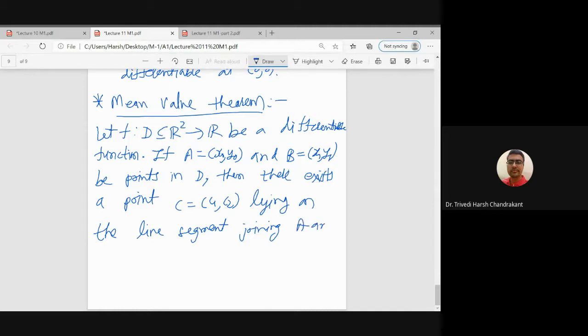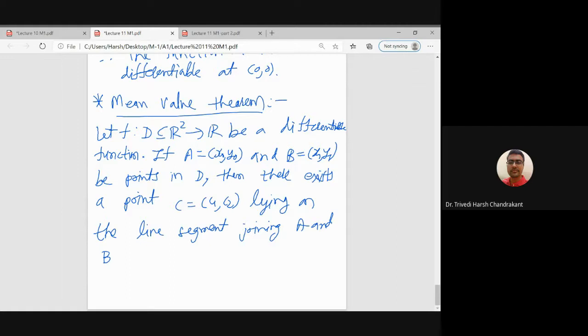In the mean value theorem for the single variable case, we know that there is a point C in the interval A to B. But in the xy plane, we don't have an interval. So what we consider is we choose 2 points A and B in the xy plane, and we draw a line segment between them.